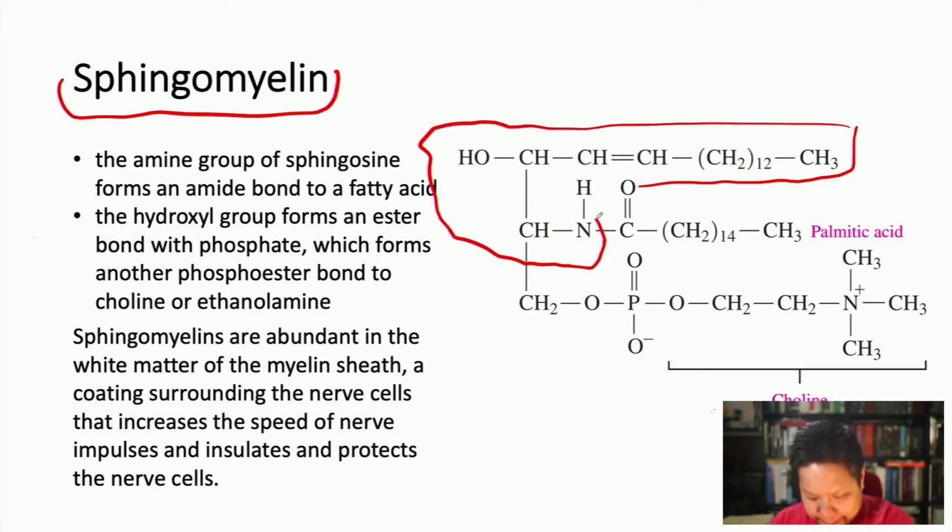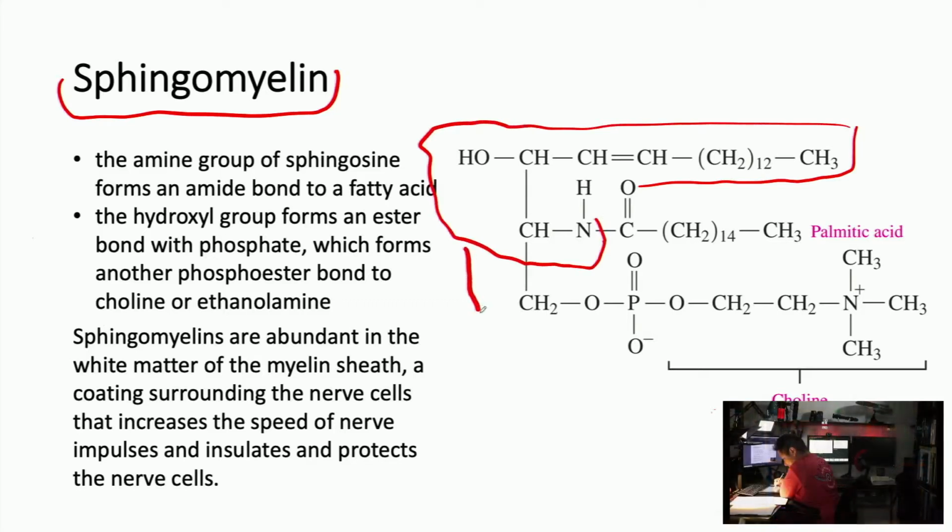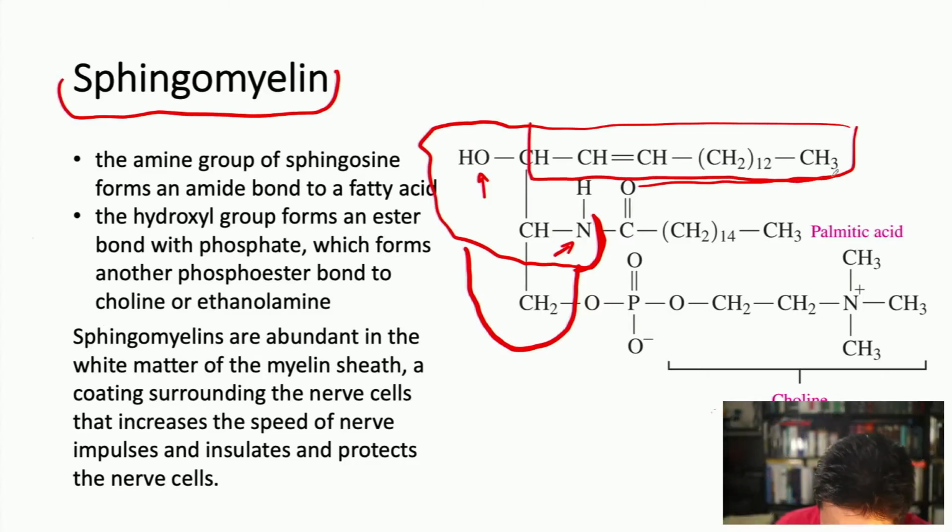Oh, sorry, missed this carbon right here. So that's a sphingosine backbone, right? And if you notice, it's a little different from a glycerol phospholipid because in the glycerol phospholipid, this was an oxygen, right? And in addition to having the hydroxyl there, there's also this long chain alkene on the sphingosine backbone, right?